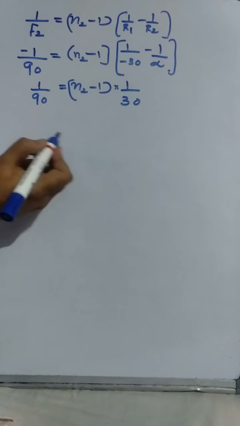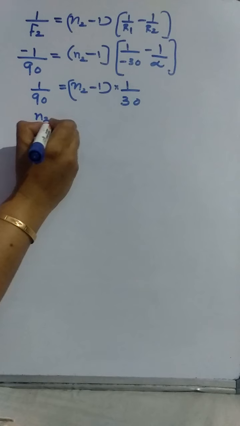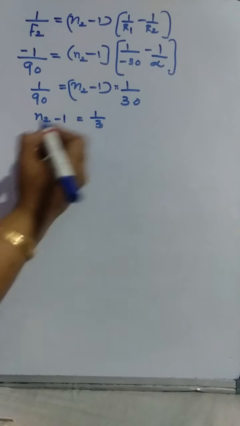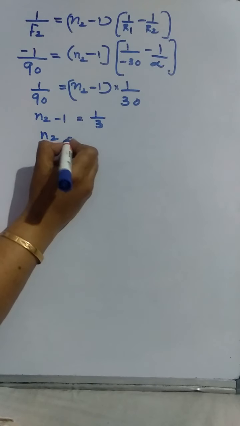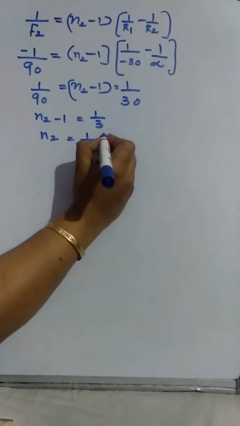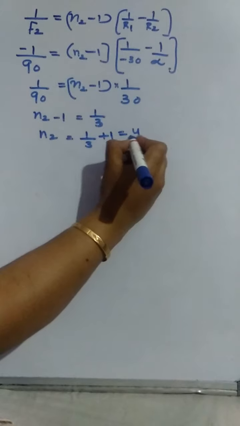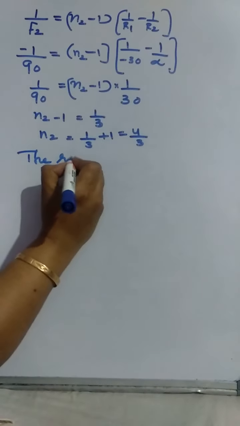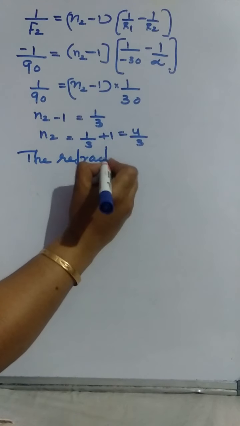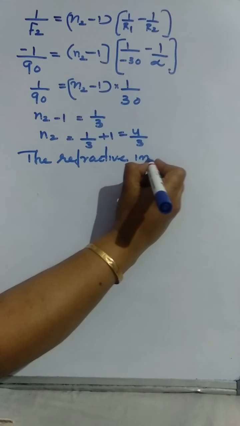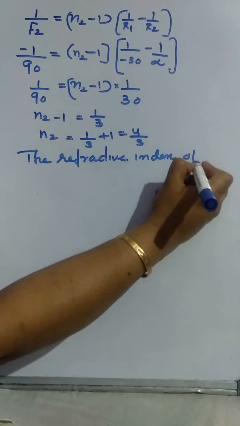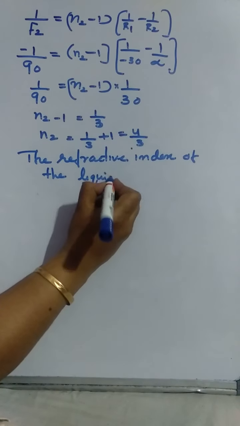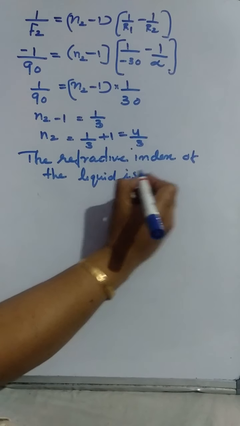Minus will be cancelled. It is N2 minus 1 is equal to 1 by 3. That is N2 is equal to 1 by 3 plus 1, that is 4 by 3. The refractive index of the liquid is 4 by 3.